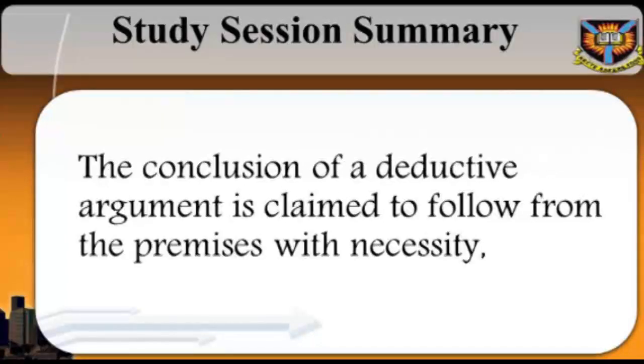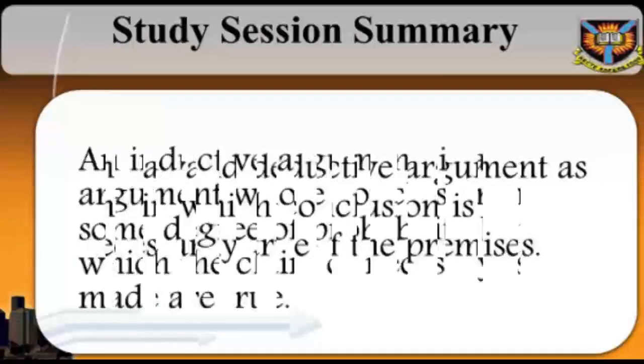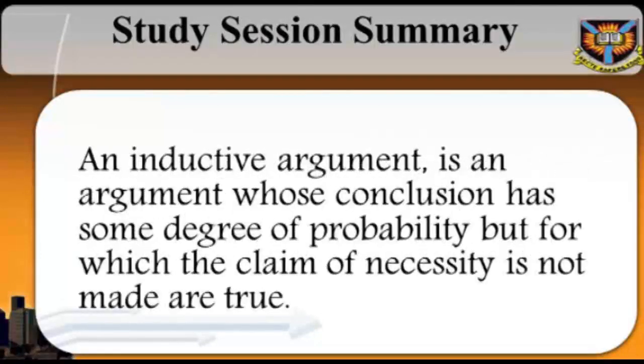In other words, the conclusion of a deductive argument is claimed to follow from the premises with necessity, and a valid deductive argument is one in which the conclusion is necessarily true if the premises are true. An inductive argument, on the other hand, is an argument whose conclusion has some degree of probability, but for which the claim of necessity is not made.